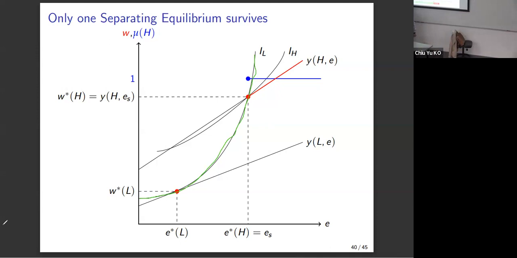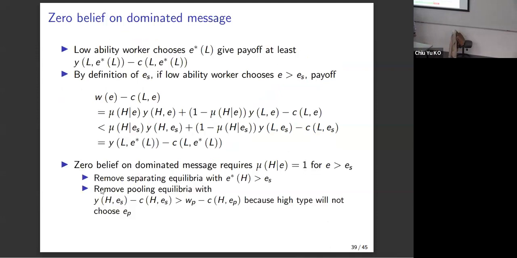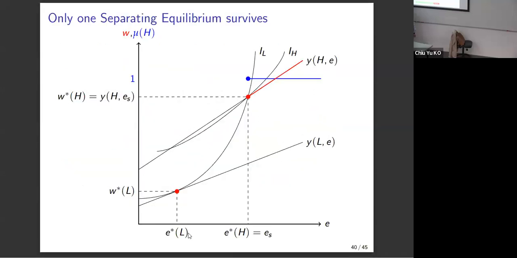First, if the firm sees education ES or above, your payoff is worse than the L star.